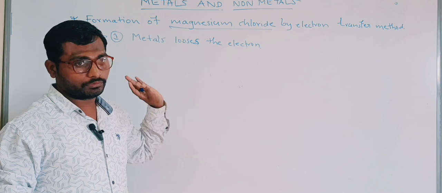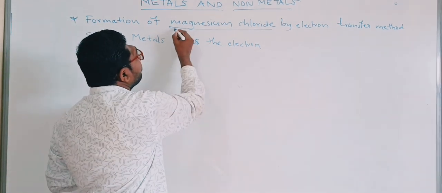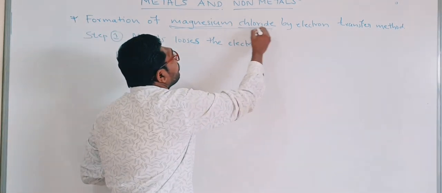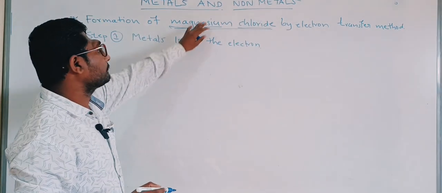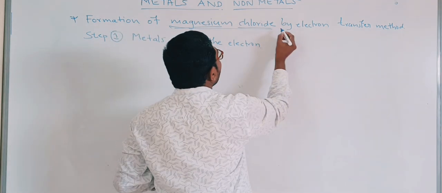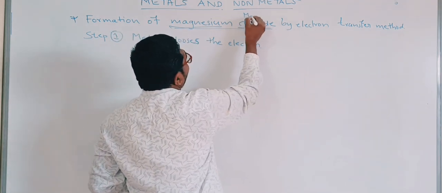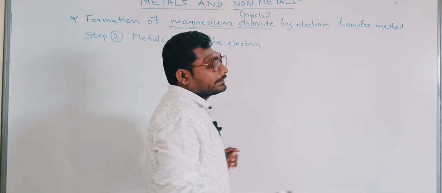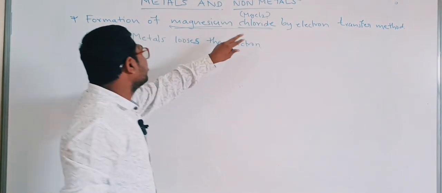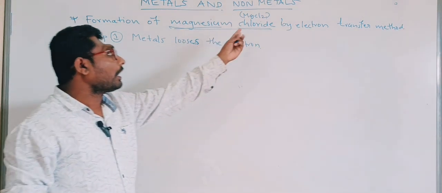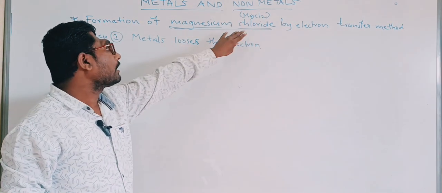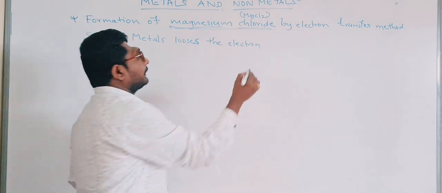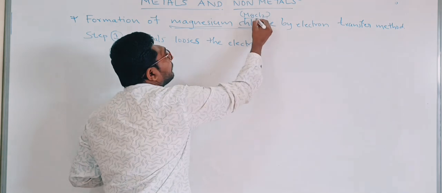In magnesium chloride, magnesium is the metal and chlorine is the non-metal. Its chemical formula is MgCl2. It has two elements, magnesium and chlorine.